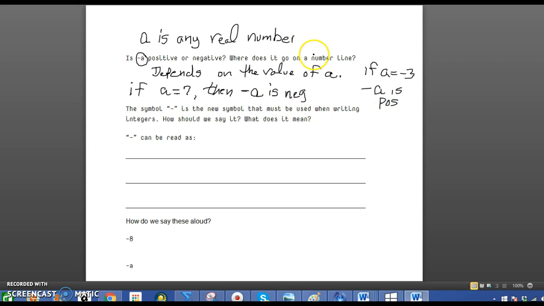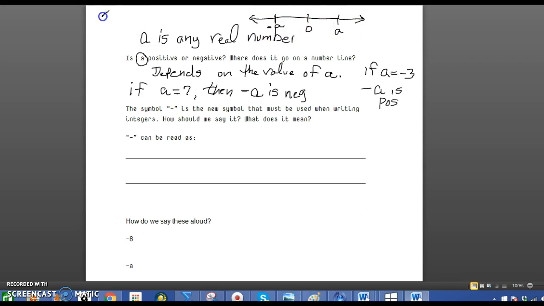So what that means is, on a number line, I don't know where A and the opposite of A go. And I don't think your book does a really good job of showing this, so that's why I wanted to bring it up again. If A is positive, then the opposite of A is down here, bookended in the negative territory at -A. That's possible.